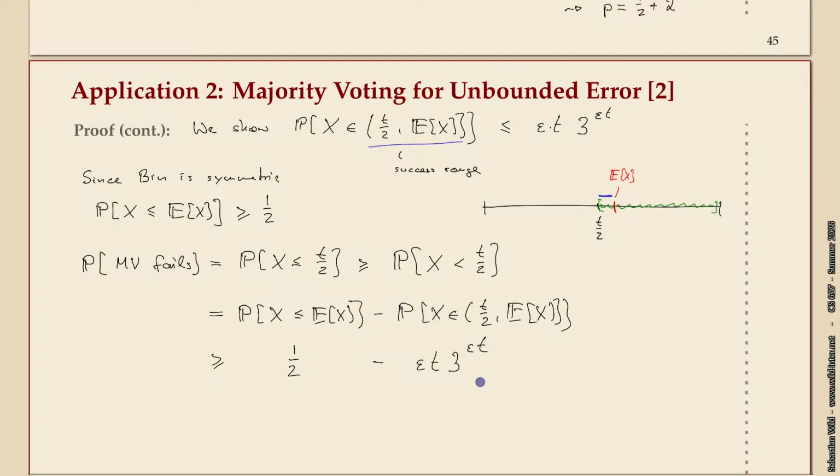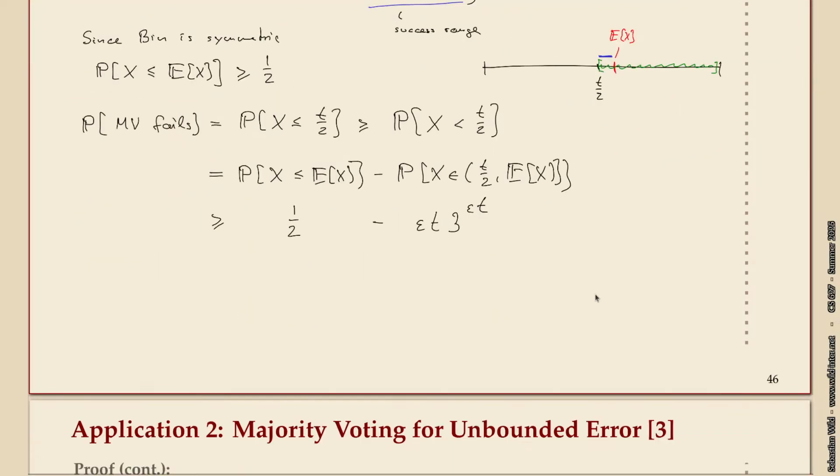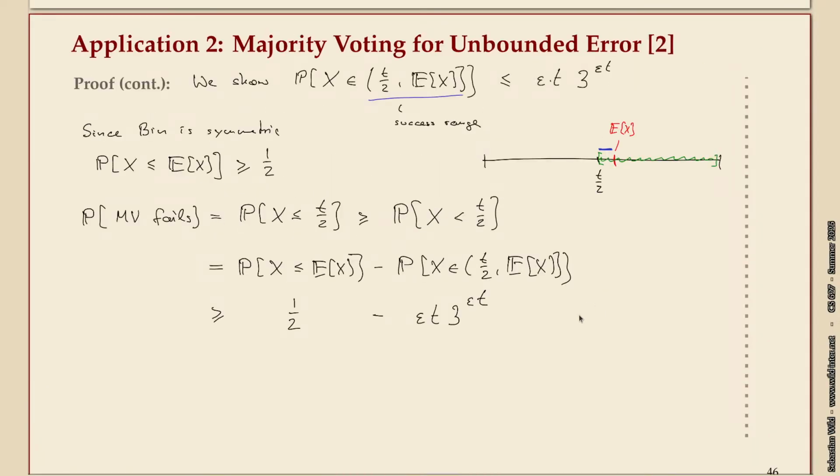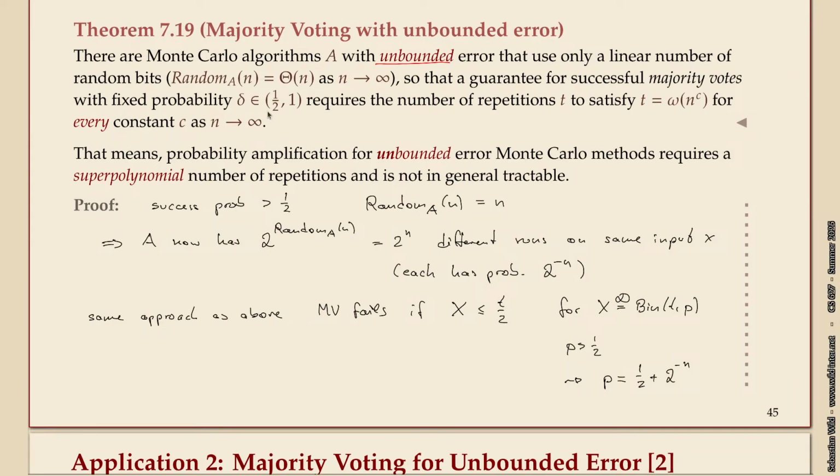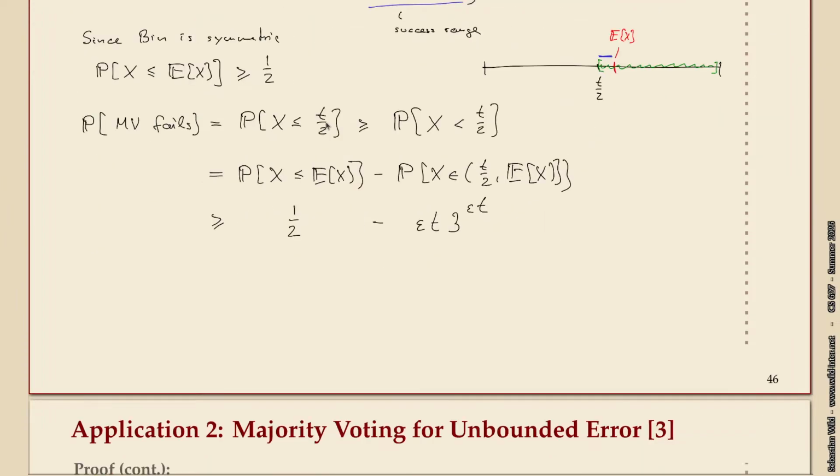And we'll see that this essentially converges to 1/2. So that's what we want to show. If it was to converge to something, well, that's the probability that it fails.